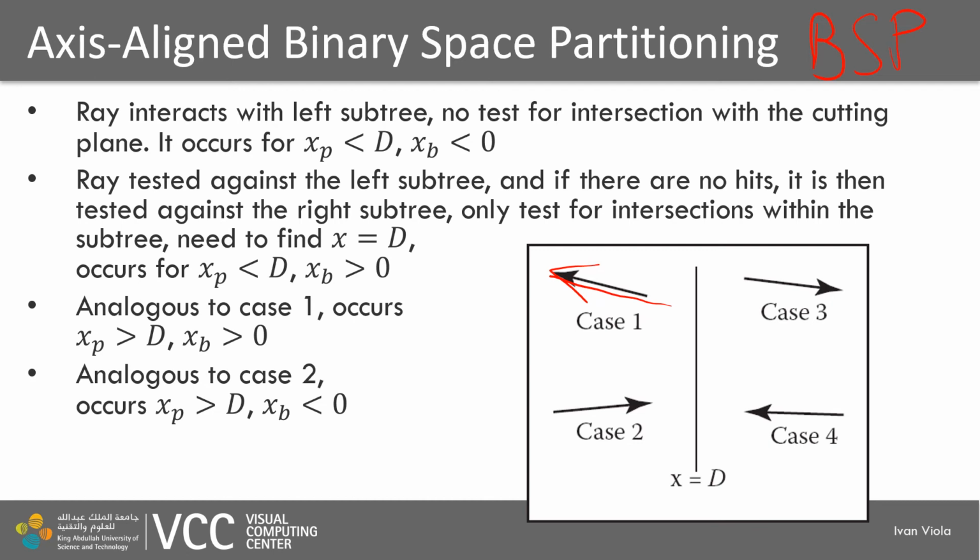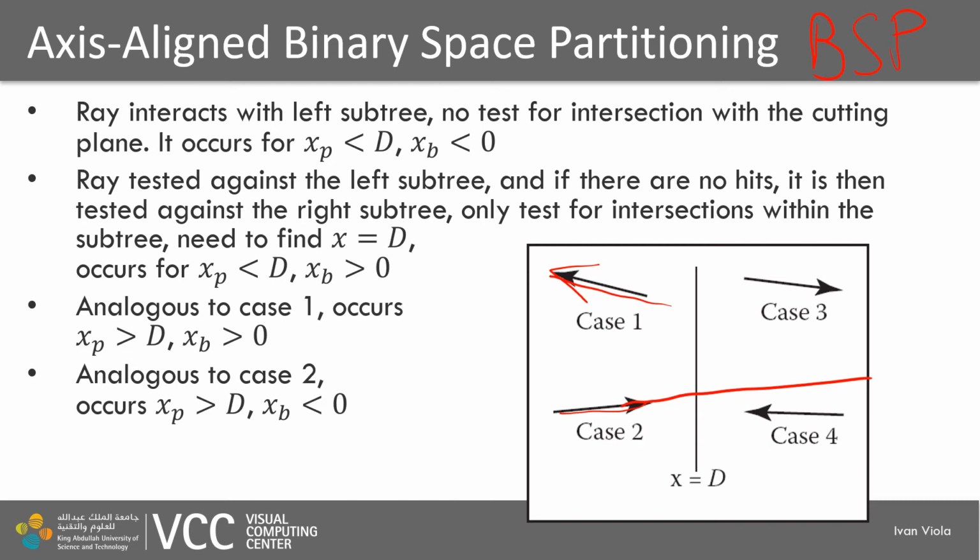The second case we have is where we start in the left child, in the left subspace, but with our ray we will be going to the right subspace because it is oriented so that there will be a crossing of our partitioning border.